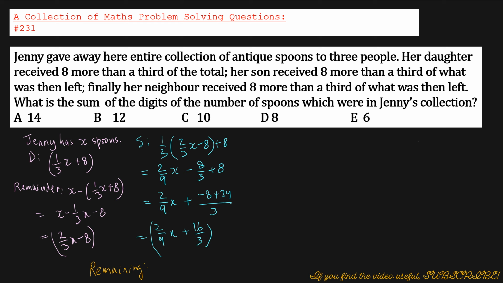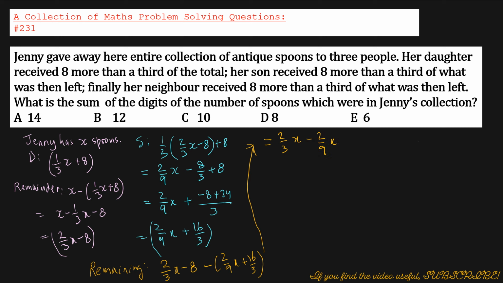So we would have 2/3 X minus 8, minus (2/9 X plus 16/3).